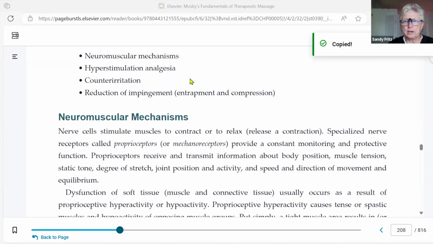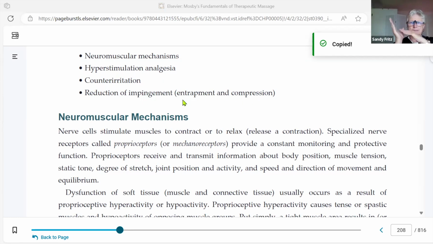Things like thermal therapy and menthol-based ointments, rubs, and gels are counter irritants. So there you go. And then also potentially the reduction of impingement. Impingement is where nerves and vessels don't have enough room.